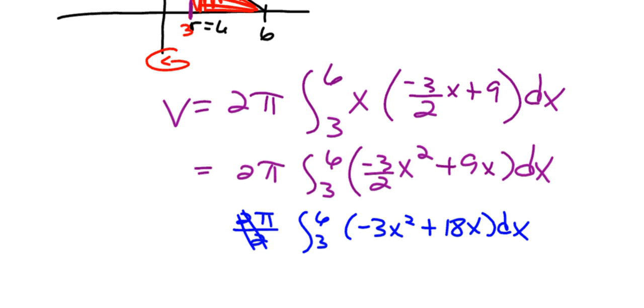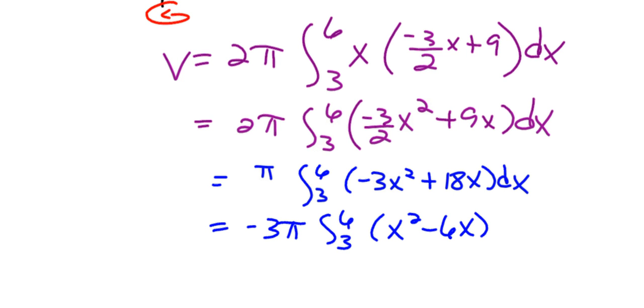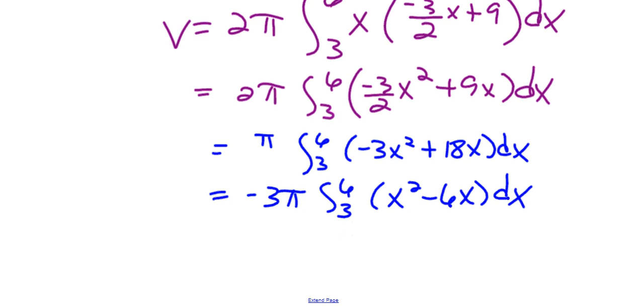That reduces that. But I now see I do have another greatest common factor I can factor out of this equation. So I'm going to go ahead and do that. I can factor out a -3. And now I have this left to integrate. It's much easier to integrate, and all we did was do some GCF work.